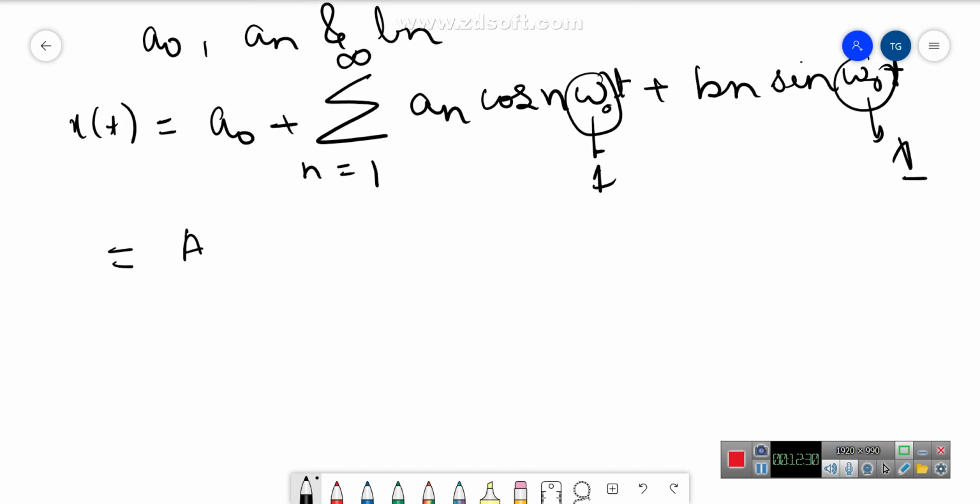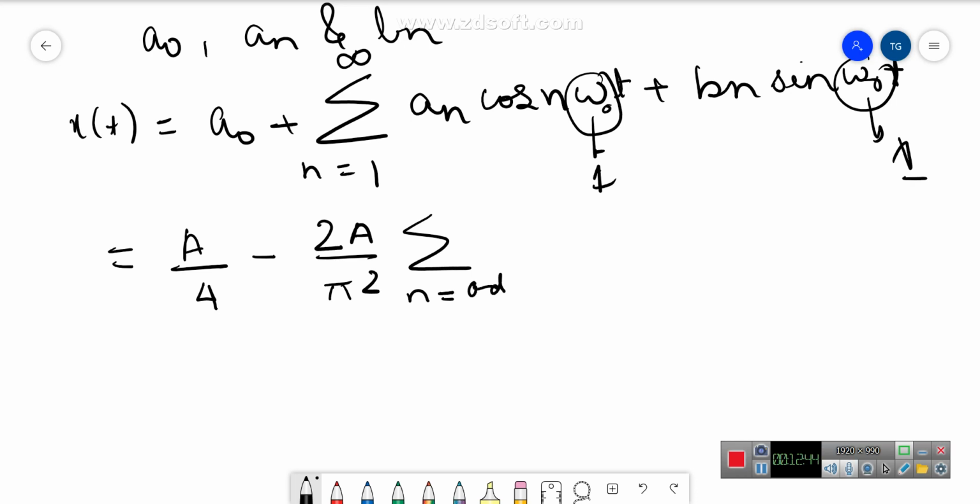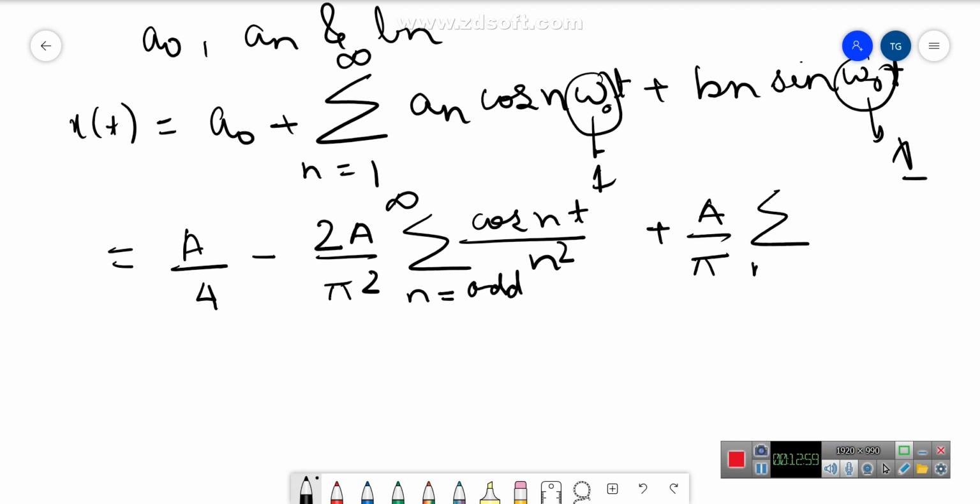We have a0 value as A by 4, and we have an value as 2A by pi squared, and for all odd n, that is n equals odd to infinity, we have cos nt by n squared, plus A by pi times the summation n equals 1 to infinity, and we are left with minus 1 to the power n plus 1, sine nt by n.